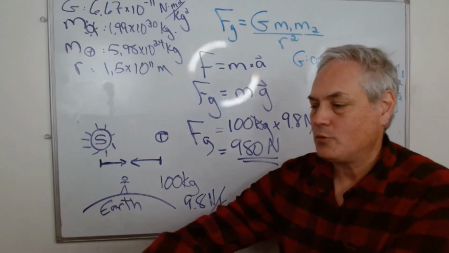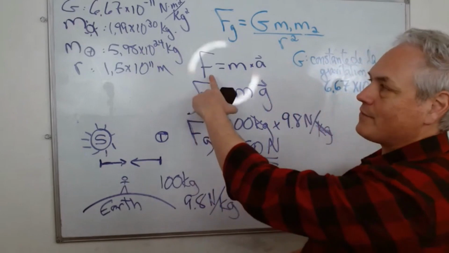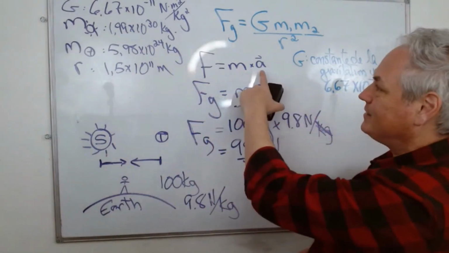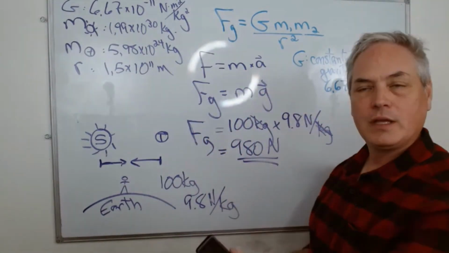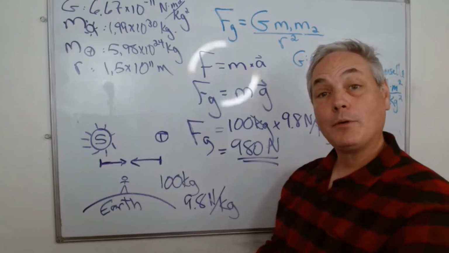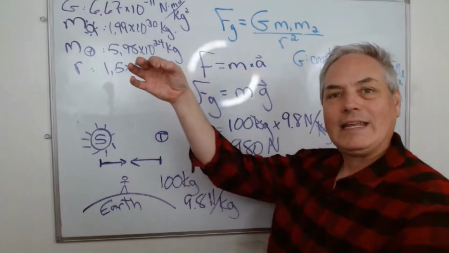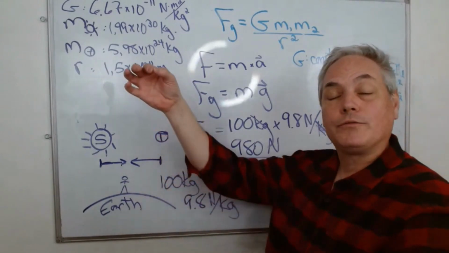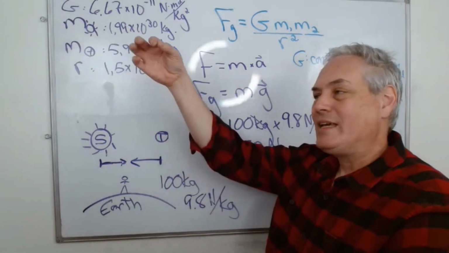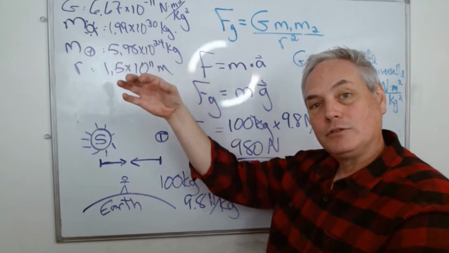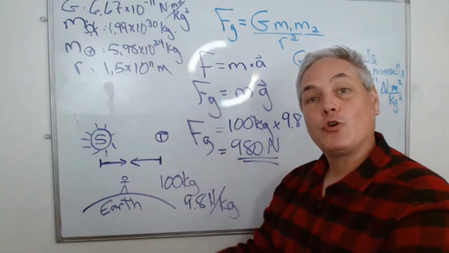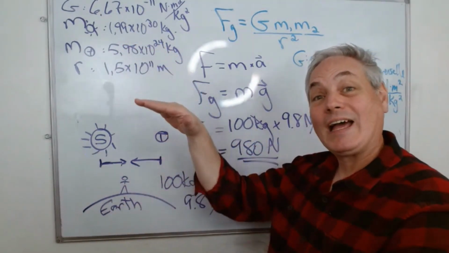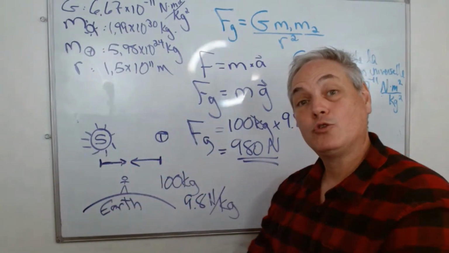Now, sometimes some people will say, well, if you have F equals m times a, and we have the acceleration, keep in mind that if you're at the top of a building and you let, let's say, an acorn fall, slowly it will fall. And then the further and further away you are from the ground, it will accelerate all the way to the ground.